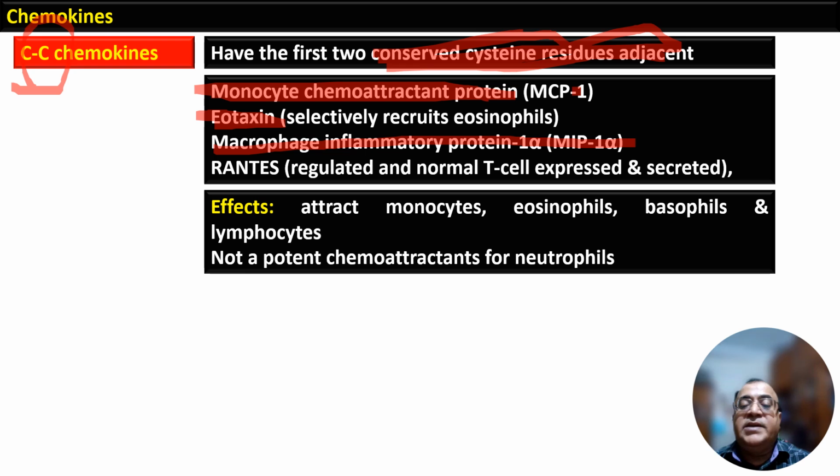Their effect is to attract monocytes, eosinophils, basophils and lymphocytes, and they are not a potent chemoattractant for neutrophils.